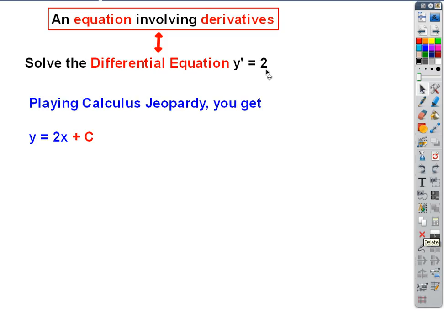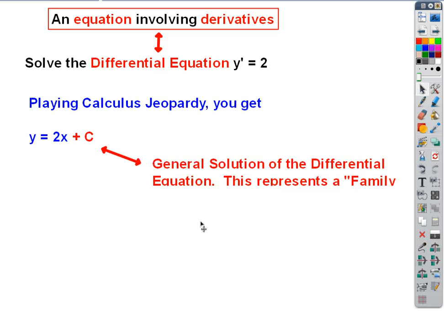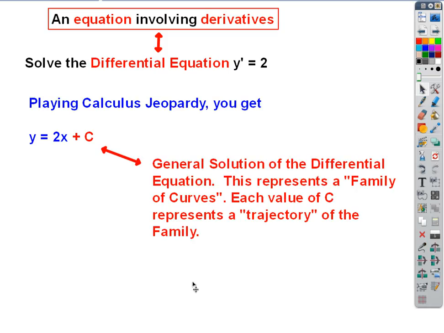Okay, so that's a general solution, where each of the infinite values of C represents one distinct answer. Together, we call that a family of curves, because they all have the same look and differ only by the value of that constant.